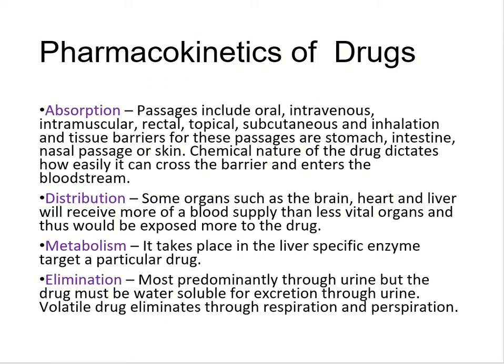So some organs such as brain, heart, and liver will receive more drug than other organs. Metabolism usually takes place in the liver with the presence of a specific enzyme for a specific drug. Elimination is through urine, breath, and sweat.